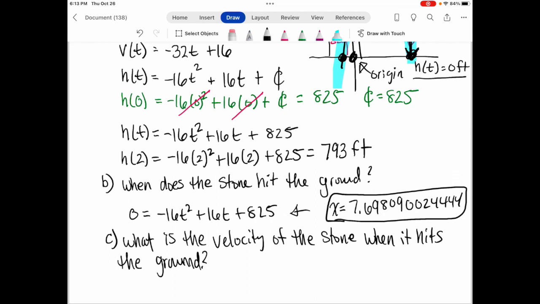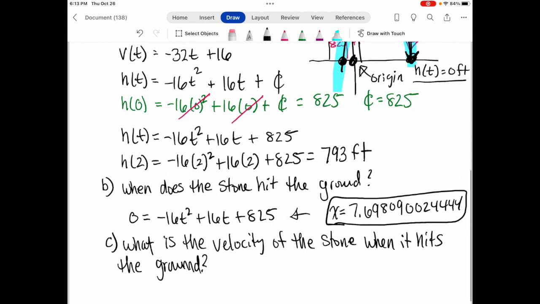Because we want to find the velocity, we're going to use our velocity function. The velocity function that we found was v of t is equal to negative 32t plus 16. We know that the time when it hits the ground is what we just found, approximately 7.698 seconds.